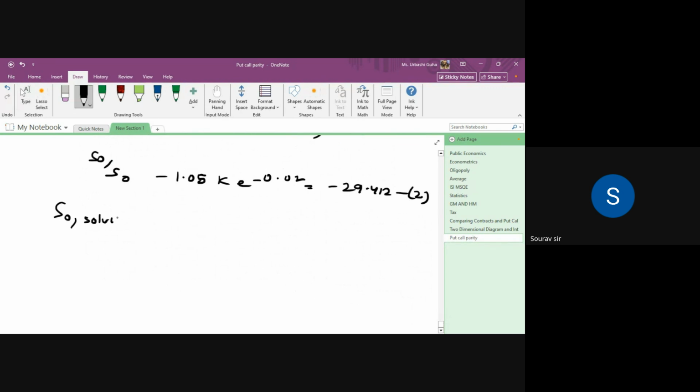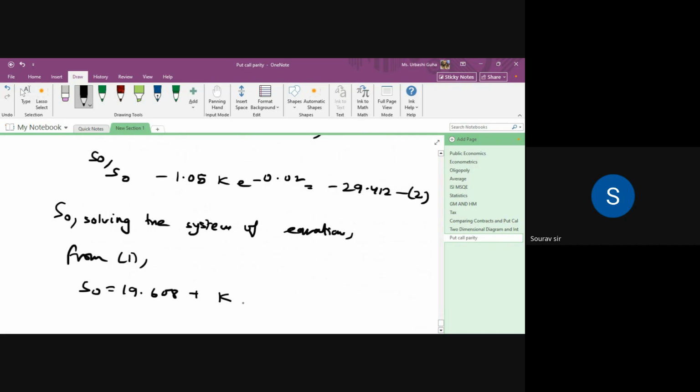So now we will solve the system of equations. From one, what do we get? S naught is equal to 19.608 plus K e to the power minus 0.02.